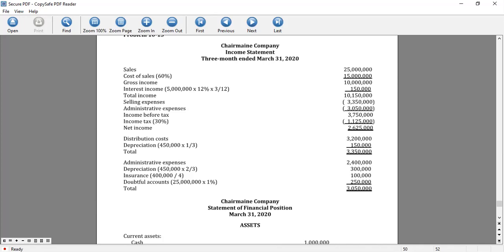That's on your buildings and equipment. However, this time the company uses the straight line method. So again, we have the assets related to selling activities. Now, we have the depreciation, we multiply by one third.